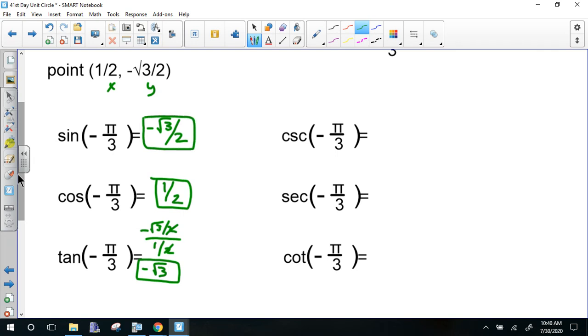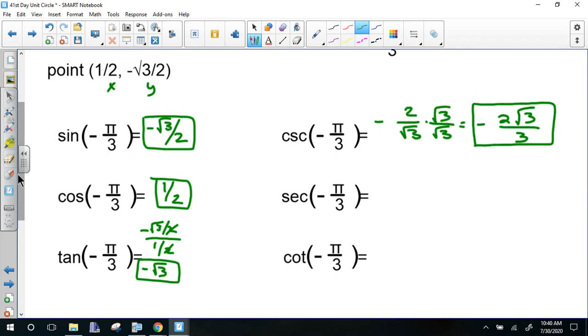All right. Now all I got to do to get cosecant, secant, and cotangent is to flip all the others. So if I flip this one, I'll get negative 2 over root 3. Multiply by the conjugate. So I got negative 2 root 3 over 3.